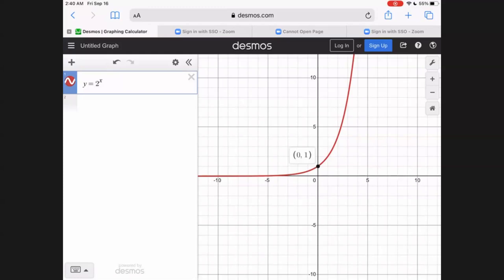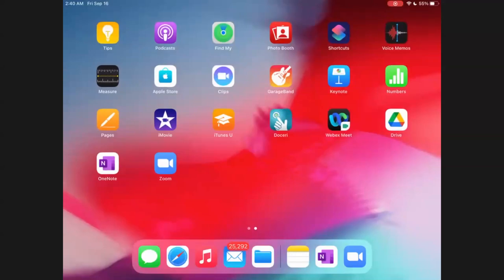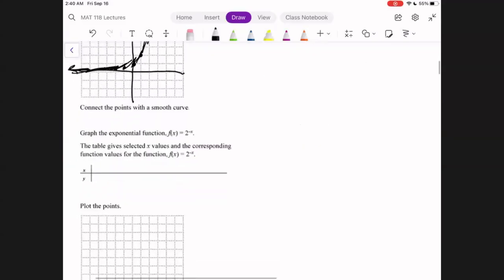Okay. So for some of these other ones on here, like for instance, this one, it's 2 to the -x. So how will that look? So you could go through the whole plotting the table. Okay. So if you think about it, what it says here is whatever x you plug in, you're going to switch the sign and then evaluate, right?